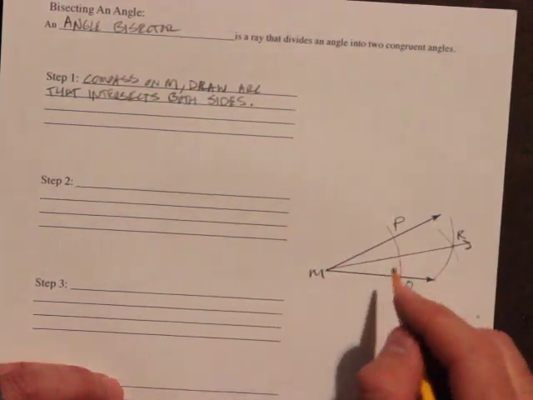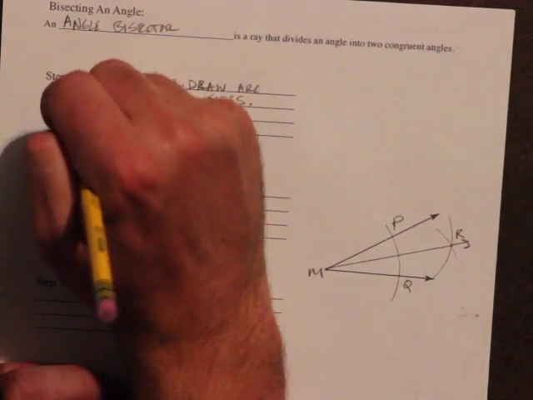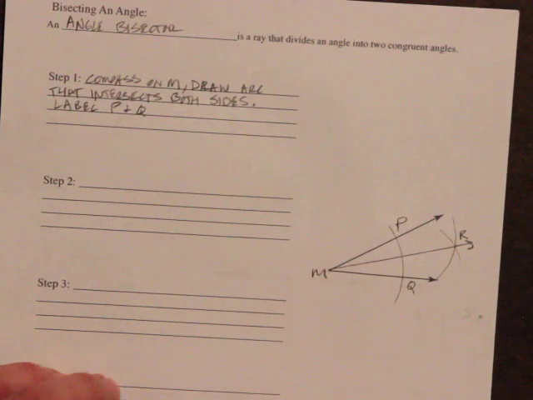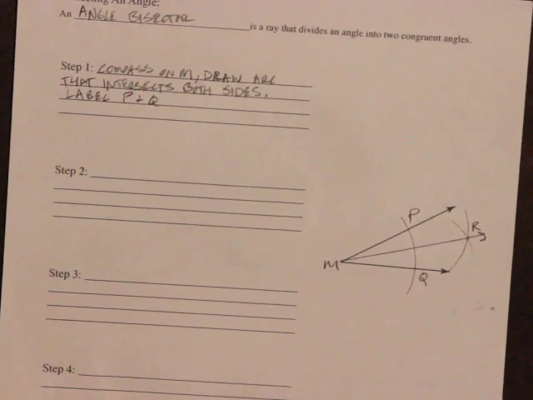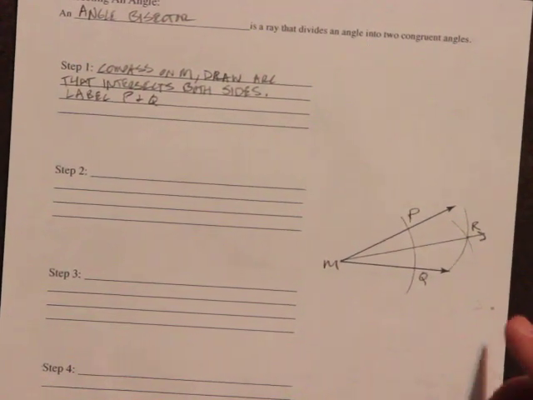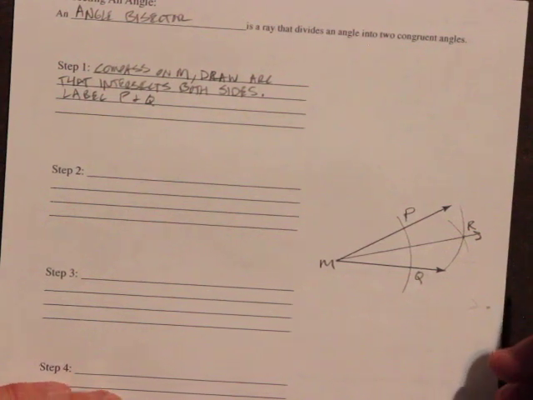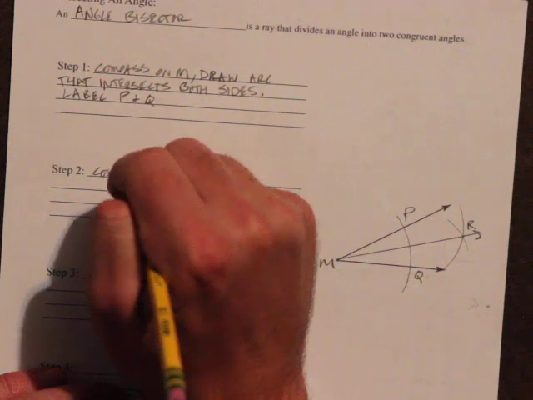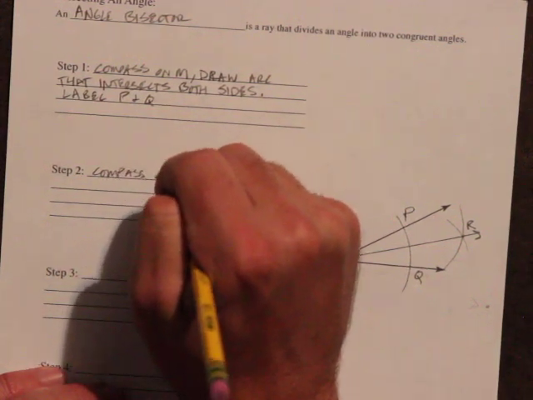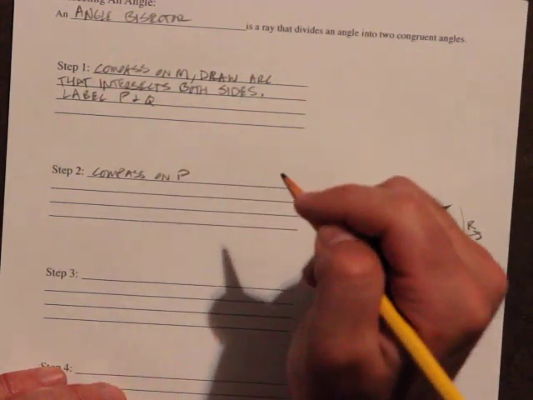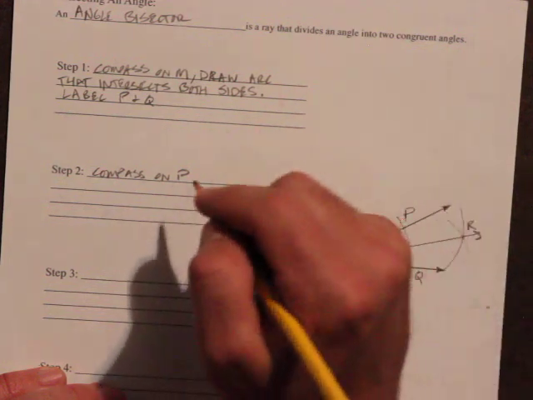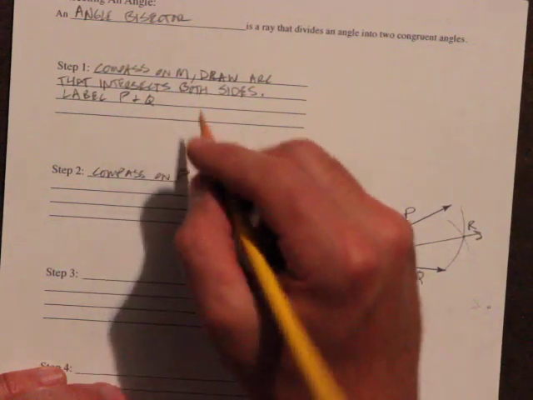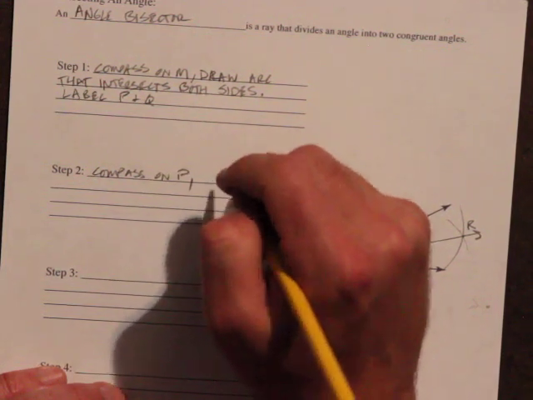And then label P and Q. Alright, that was the first thing we did, except for we didn't label the first time, but that's okay. Step 2, compass on P. Arc on interior of angle. So remember, this is the interior, this is the exterior. So we draw an arc on interior of angle.